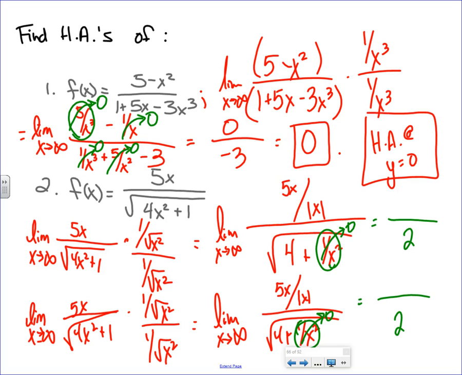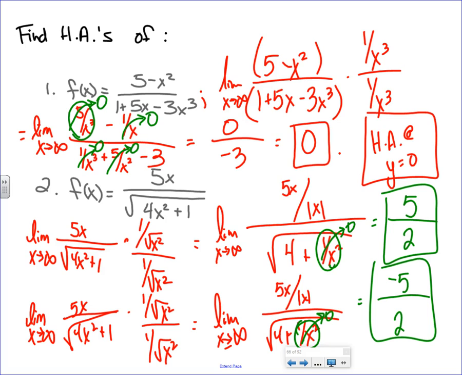Won't a positive over a positive be a positive 5? Pause. What happens when you plug in a negative, though? Isn't that a negative over a, ooh, and a negative over a positive is going to be a, can a function have 2 different horizontal asymptotes?